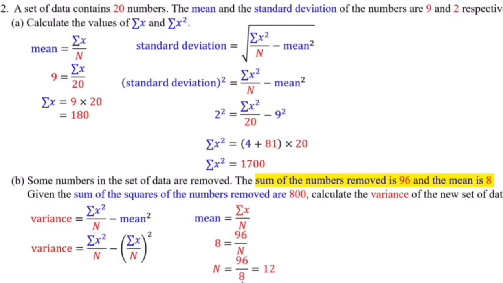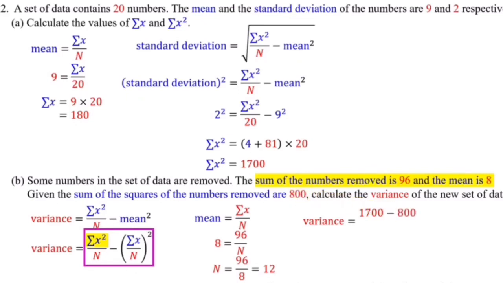Next, we want to find the variance. So the sum of the data square over n. Our sum of the data square will also change. In the beginning we got 1700. Then we remove how many? We remove 800 according to the question. So you have to minus out 800. Then divide by how many data are left over? Just now we got 20, minus 12.